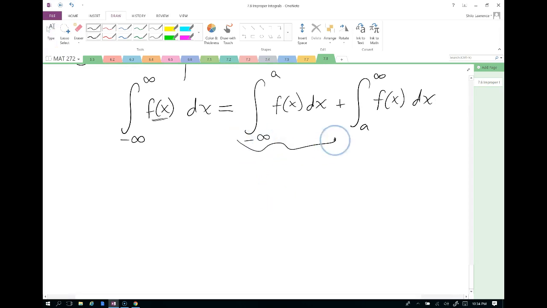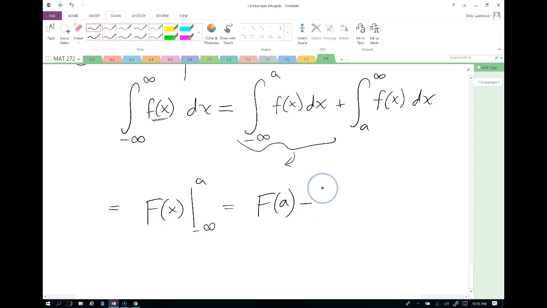And then just like the last one, I'm just going to show you what to do with the first piece. It's going to end up just like the last one. We're going to get our antiderivative, capital F, and we're supposed to evaluate this at the upper and the lower. Now we can do F of a. Remember we said that f was defined there, but we can't just plug negative infinity in.